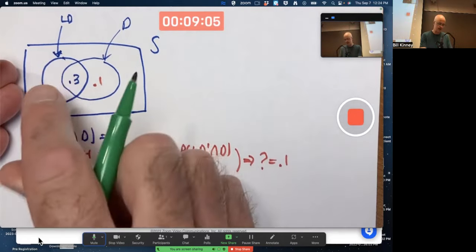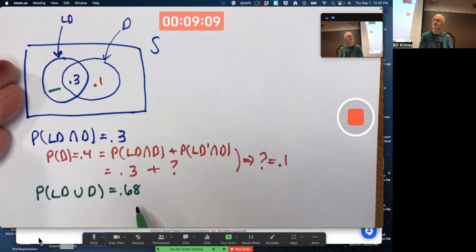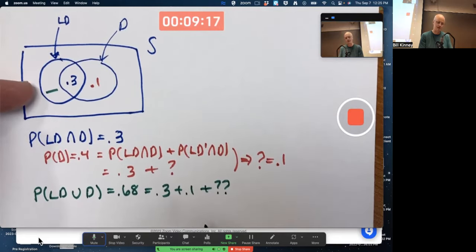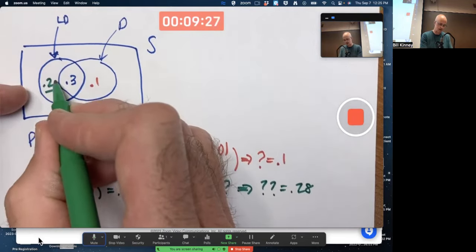You want the sum of the numbers here, here, and here to be 0.68. 0.3 plus 0.1 plus, I'll call it double question mark for what goes there. So double question mark is going to be 0.68 minus 0.4, 0.28. That's what goes there.